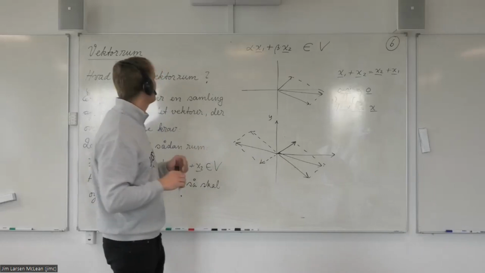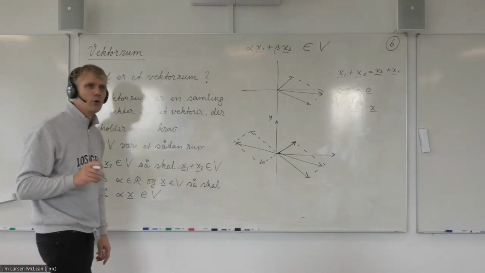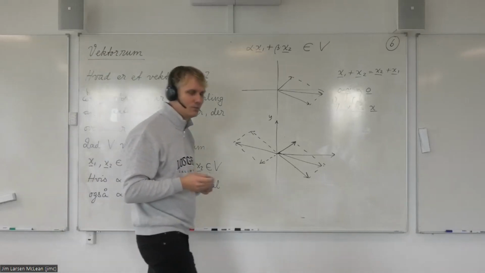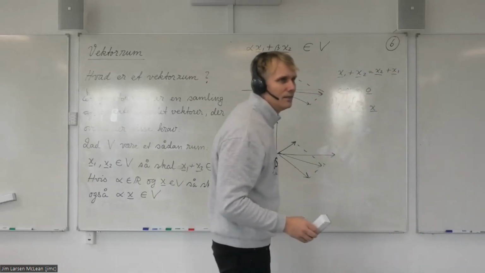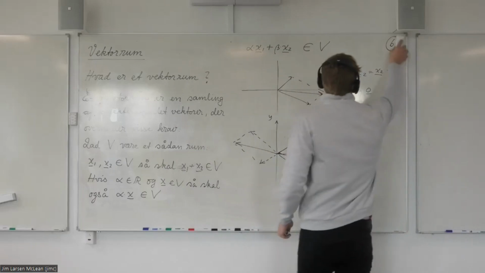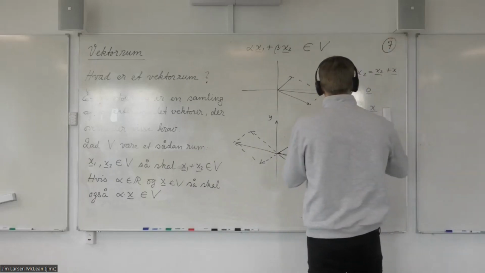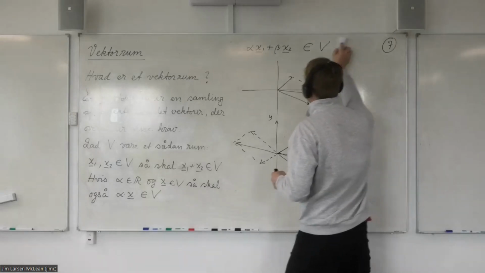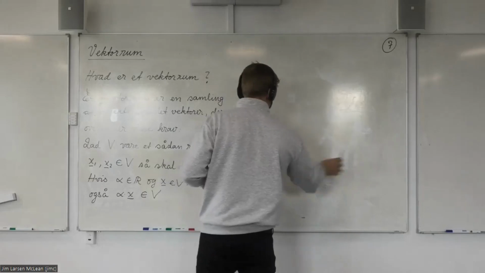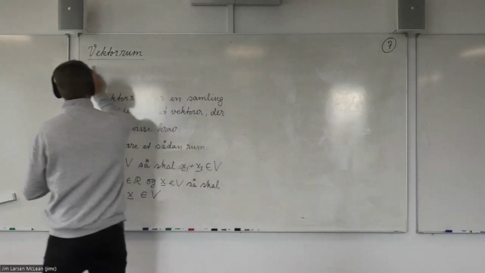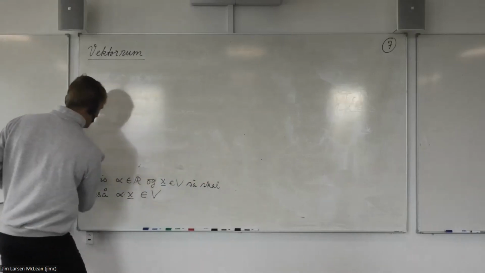And that brings us to the next headline called subspaces. You can actually have a subspace within a vector space. It sounds so fancy, right? But on board 7, the heading is now subspace.